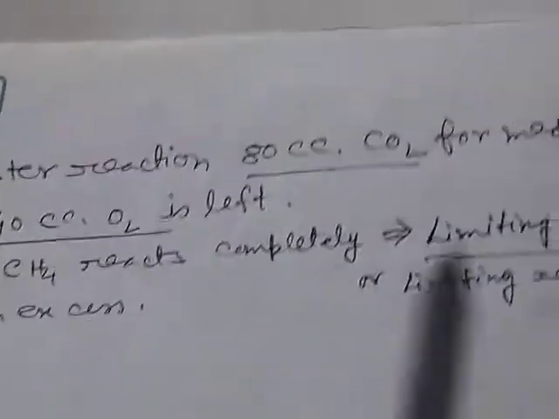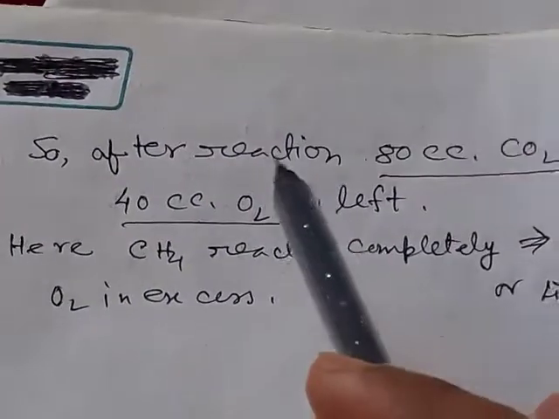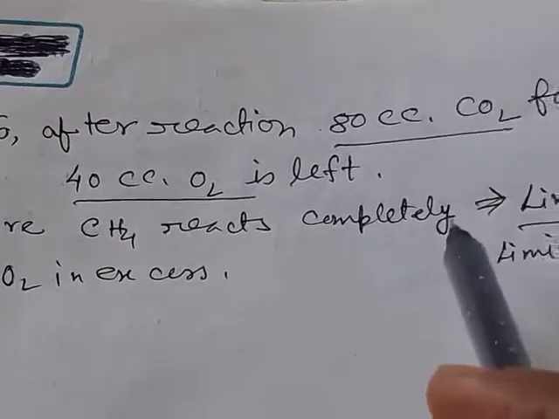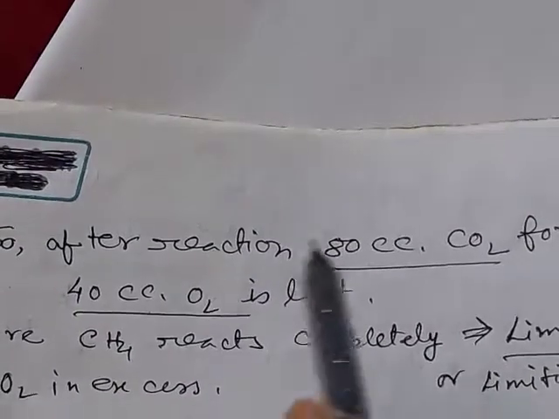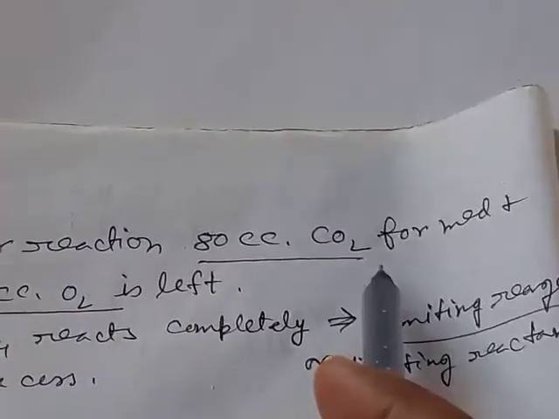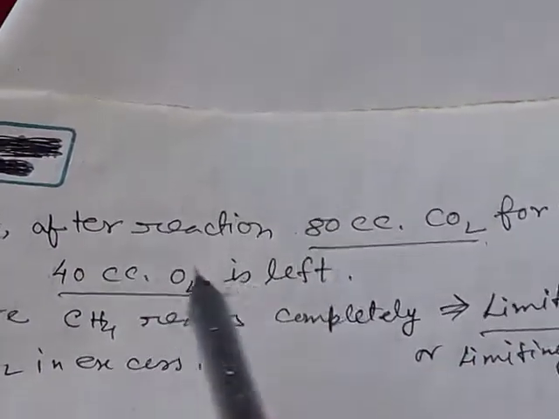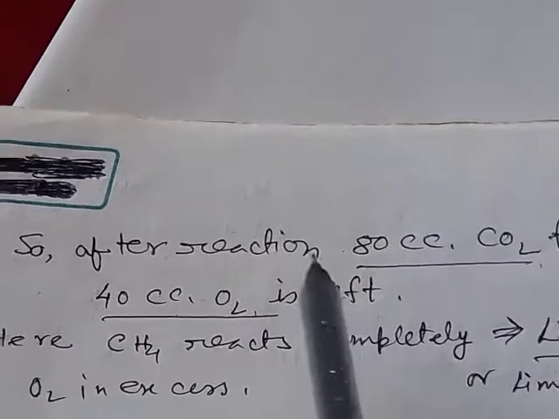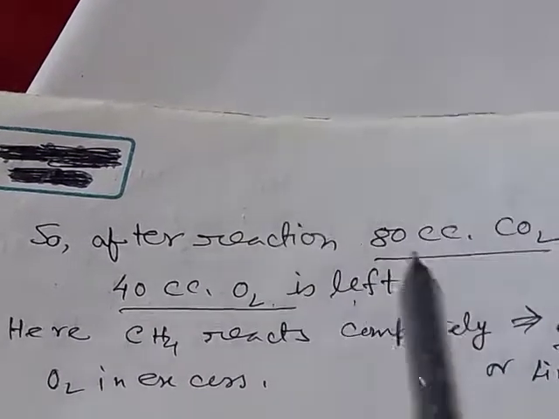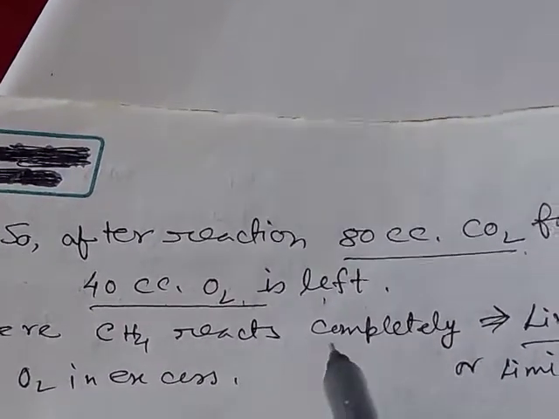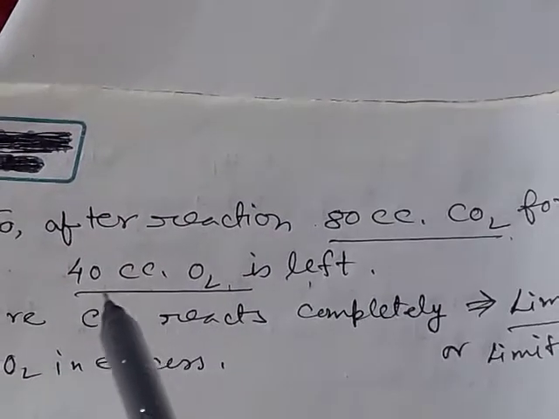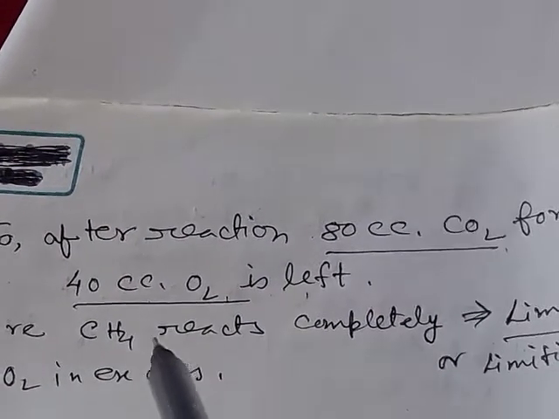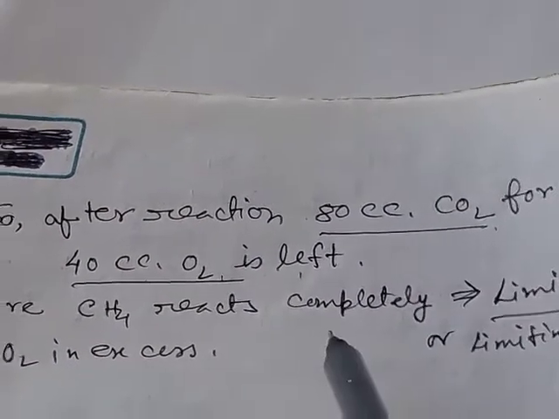So the composition of the final reaction mixture will be 80 cc carbon dioxide, that is the product, plus 40 cc oxygen, that is left. This is the composition after reaction. Here methane reacts completely. So methane is taken in less amount and reacts completely.